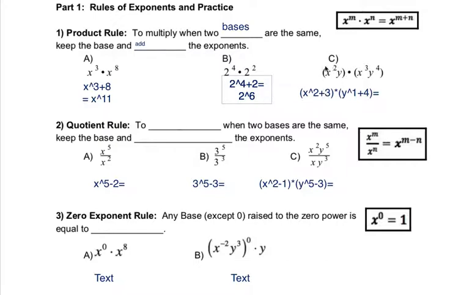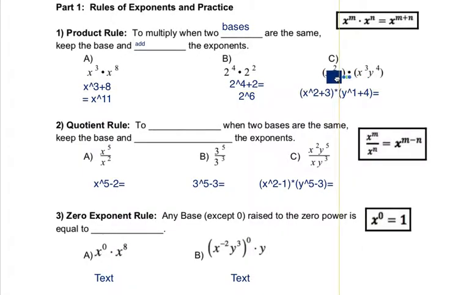Here I have two variables within this monomial. So I have x squared times y, and then I have this multiplied by x cubed times y to the 4th. The way that I'm going to do this is I'm going to isolate my terms. So I have x here and x here.